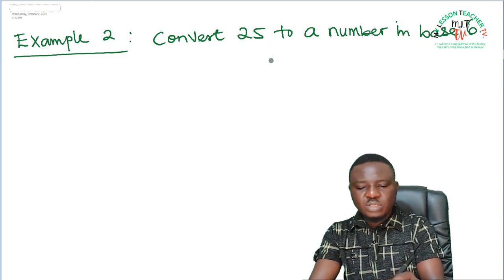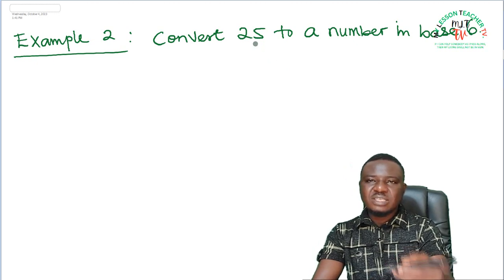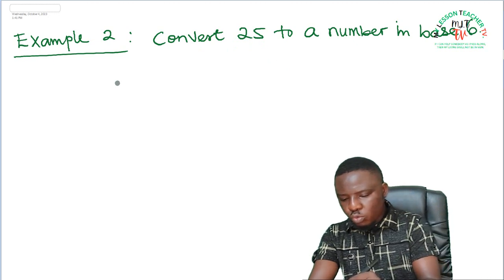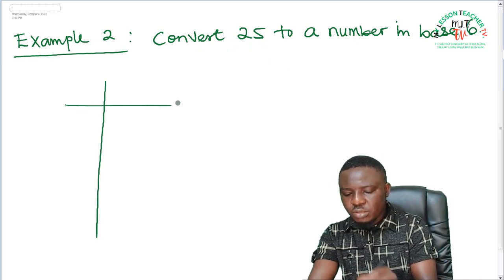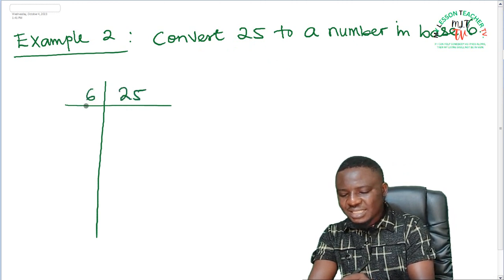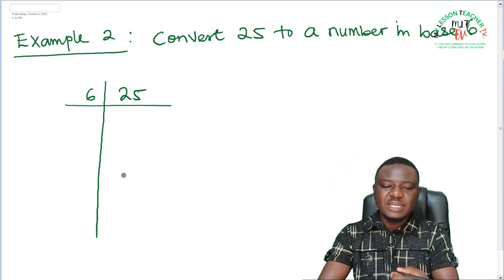For us to convert 25 to a number in base 6, 25 is given in base 10. So converting it to base 6, we'll keep doing repeated division. We'll divide 25 repeatedly by 6 to get our digits in base 6.